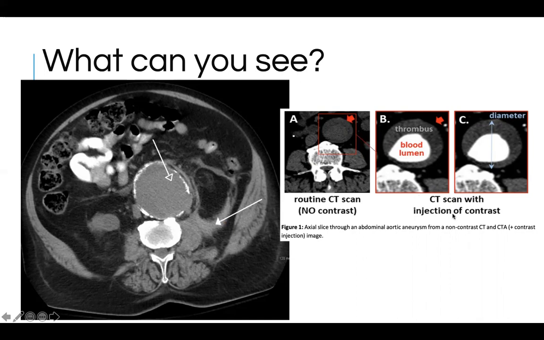And then with contrast, you'd see the blood lumen and the thrombus surrounding it. And then you measure the size of the AAA by measuring the entire diameter. So not just the size of the thrombus or the blood lumen, but the entire end to end. That'd be the size.